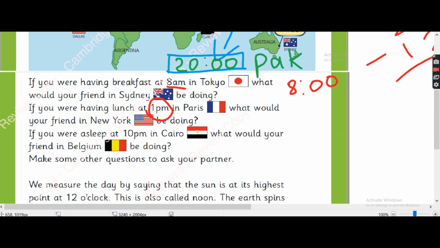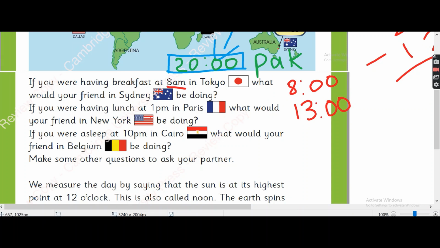So 1 p.m. is what? 1 p.m. is 13 o'clock. ठीक है, जब आपने 24 आवर में कन्वर्ट करना होता है, तो फिर you have to add 12 in it. 12 plus 1 is 13. ठीक है, जब आपने 24 आवर क्लॉक से वापस 12 आवर क्लॉक में आना होता है, फिर आप सब्ट्रैक्ट करते हैं. ठीक है, 24 आवर क्लॉक में जाने के लिए आप ऐड करेंगे, वापस आने के लिए आप सब्ट्रैक्ट करेंगे. ओके, क्या सब्ट्रैक्ट करेंगे? 12 सब्ट्रैक्ट करेंगे. Here I have added 12 and 1.